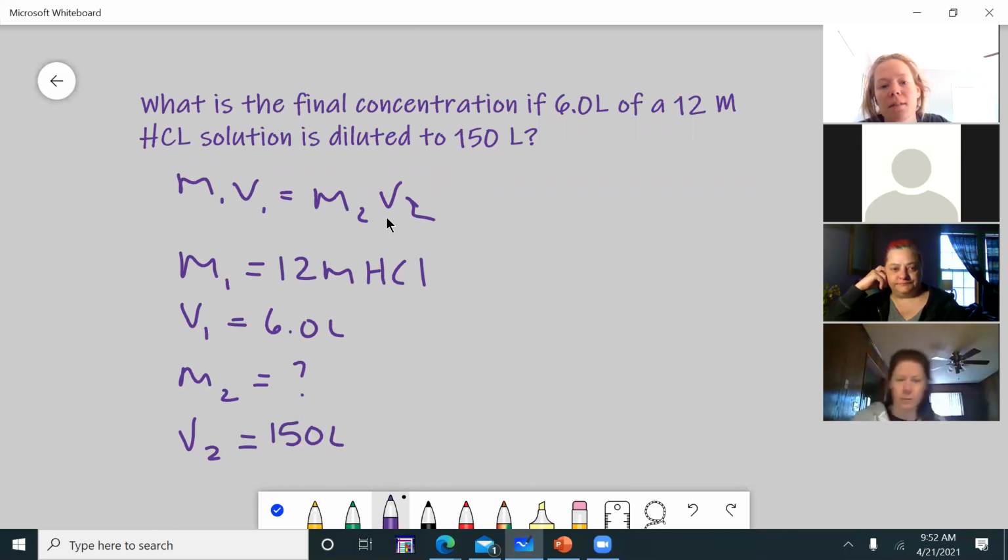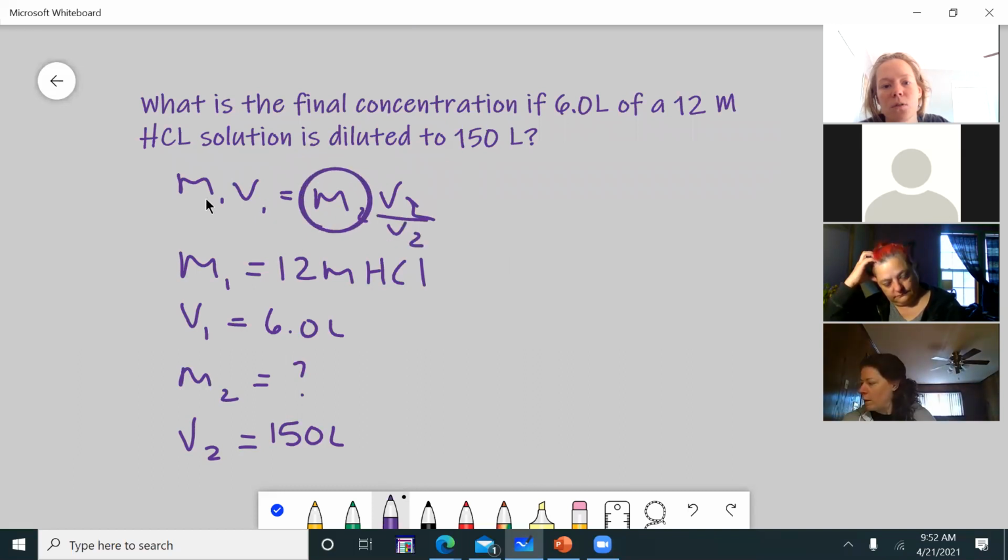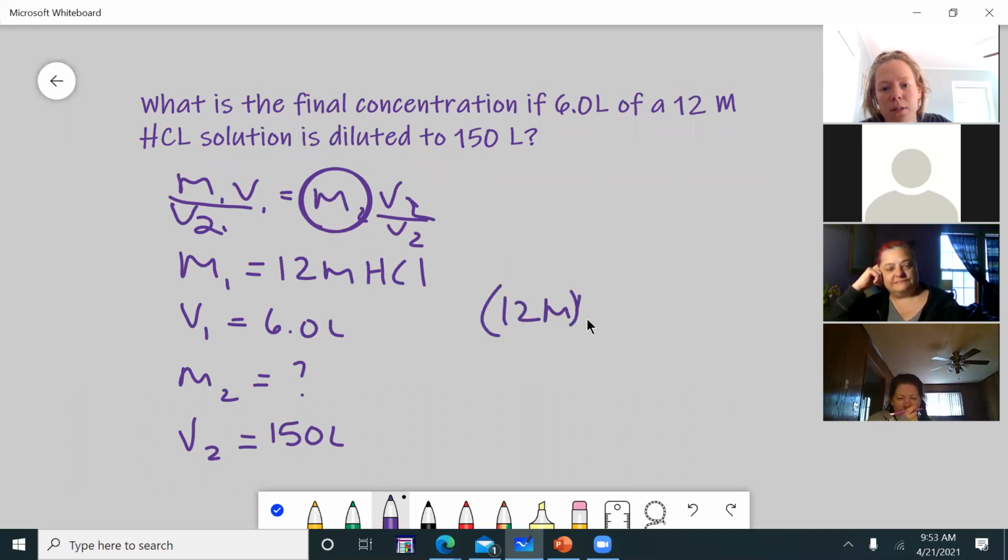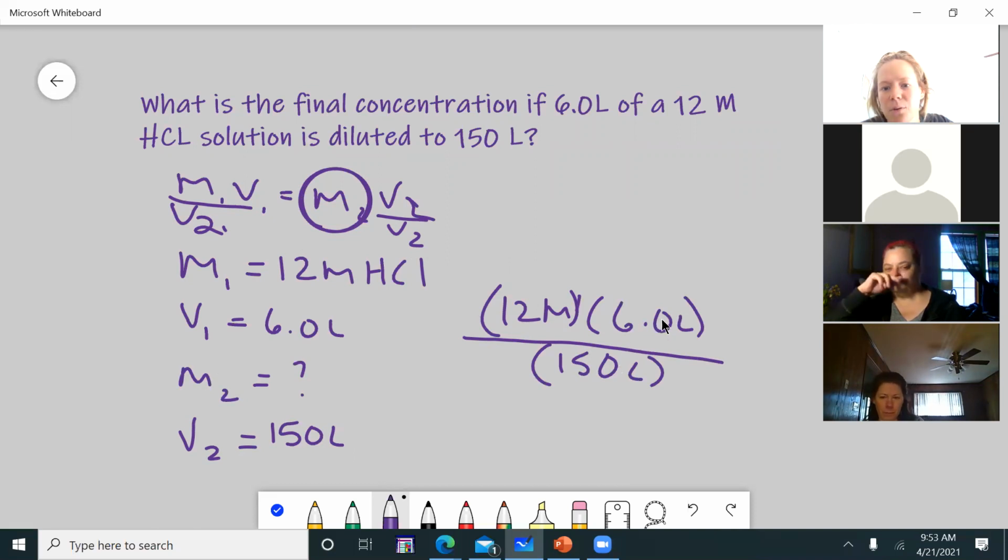So if we've got this equation, we want to solve for M2. So I need to move V2 to the other side. So my M1 is my 12 molar. I'm going to multiply that by my V1, which is 6.0 liters. I'm going to divide it by 150 liters. So what we're doing is we're seeing how many times we are diluting, and then we use that factor and multiply it by our initial concentration.